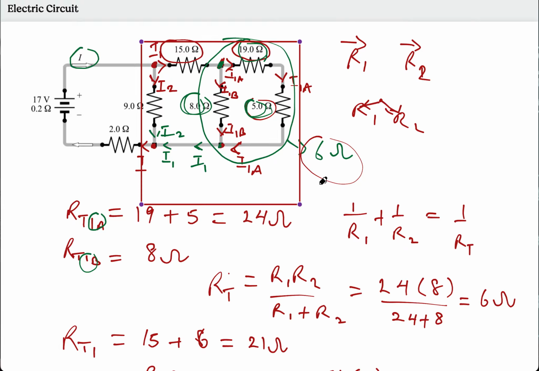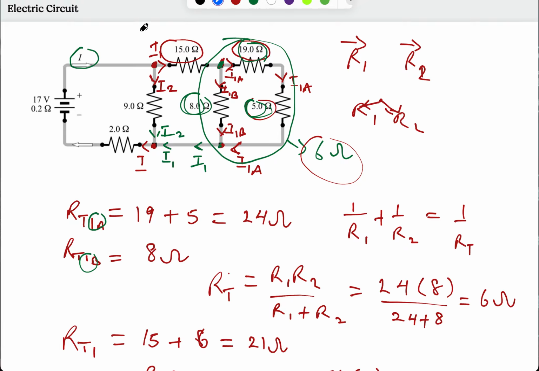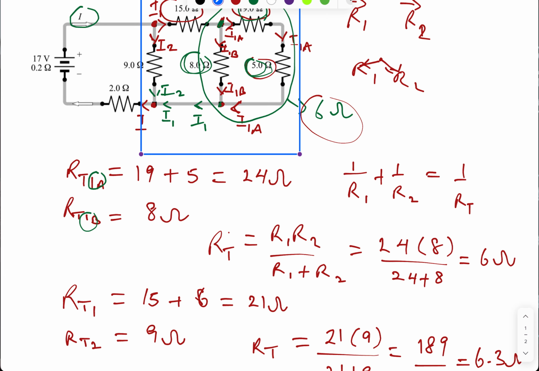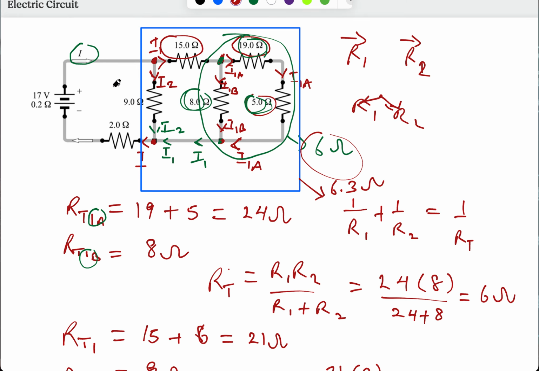I think I should make the box a different color. So this entire connection, everything here all together, I've been able to find the sum of all of them, and everything in total is 6.3 ohms.